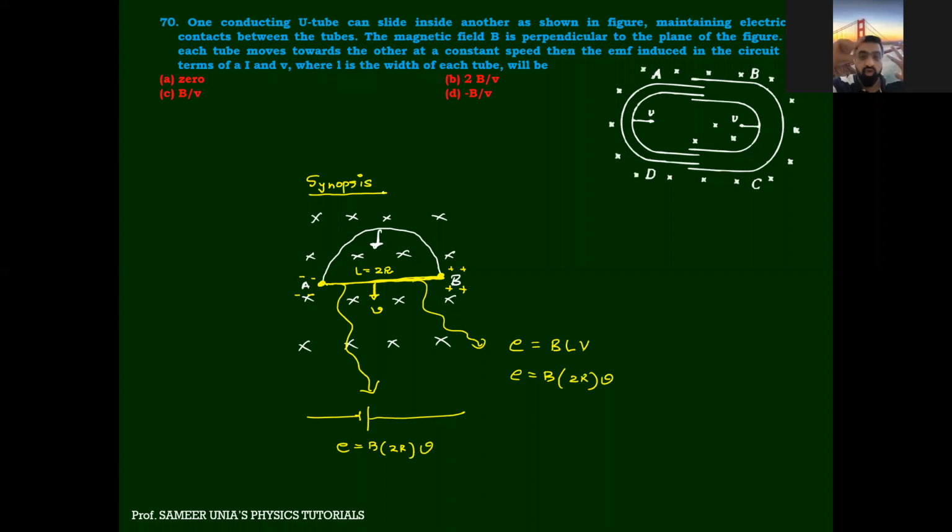Twice. 2v. सबको पता है, opposite direction में add करते हैं. तो one of the conducting U tubes can slide in one another, maintaining electrical contact between the tubes. The magnetic field is perpendicular. If each tube moves towards each other with a constant speed v, find the EMF induced on the circuit in terms of L and v, where L is the width of each tube.